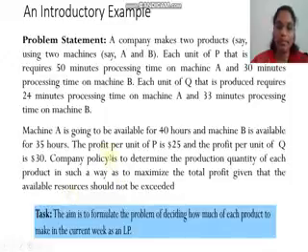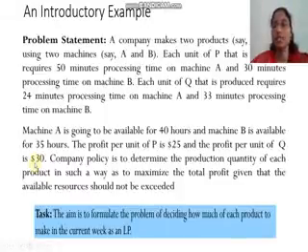The profit per unit for product P is $25 and the profit per unit of product Q is $30. Now the company has to determine the quantity of products P and Q to be manufactured so that their total profit is maximized, while the available resources should not be exceeded.